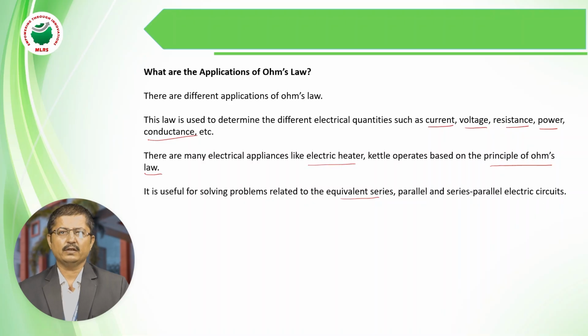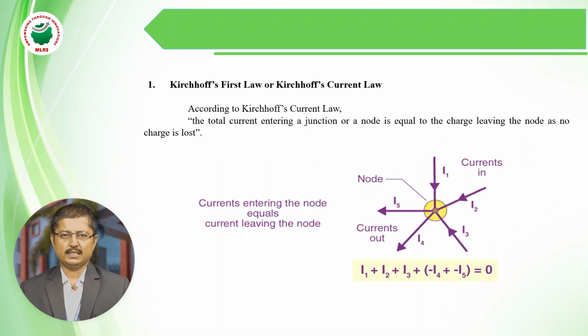Now coming to the next topic, Kirchhoff's laws. The scientist Kirchhoff found two laws, the first law and the second law. The Kirchhoff first law is also called Kirchhoff current law.